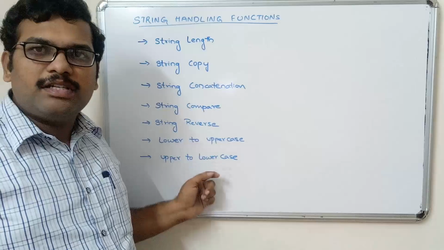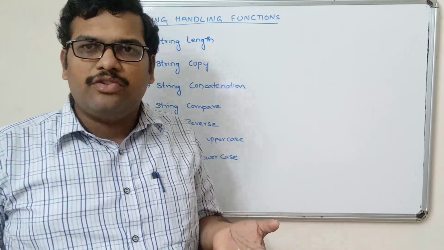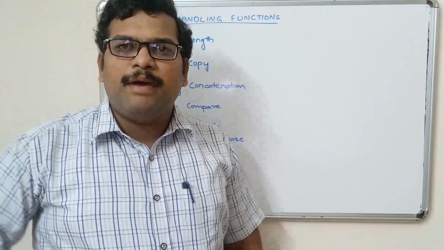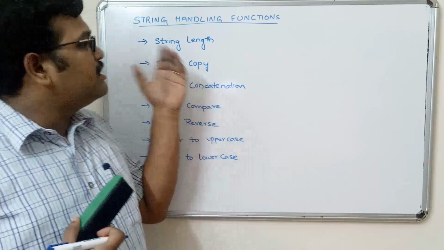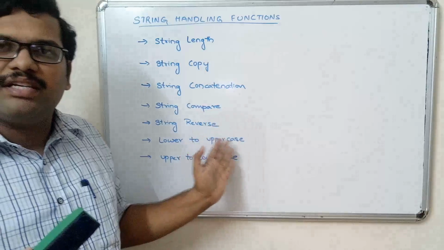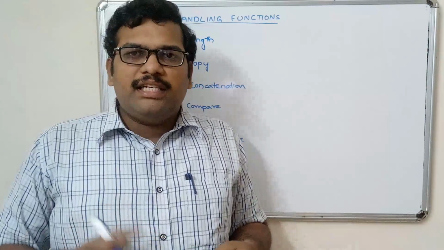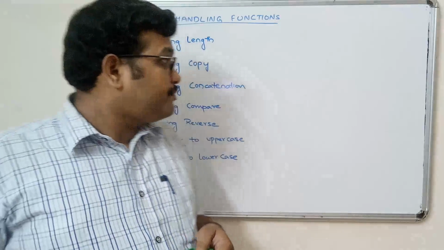So we need not write any logic or code in the program. Just by using that predefined function we can implement string length, string copy, string concatenation, string comparison, string reverse and the remaining. In this session let us have a look at all these predefined functions.